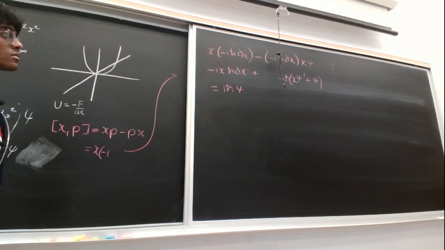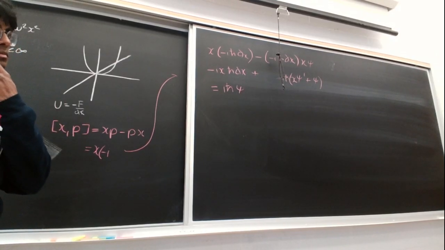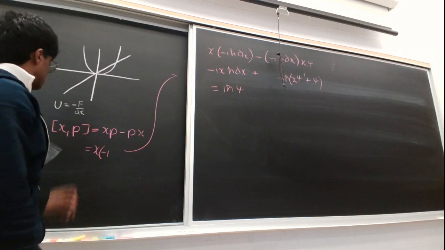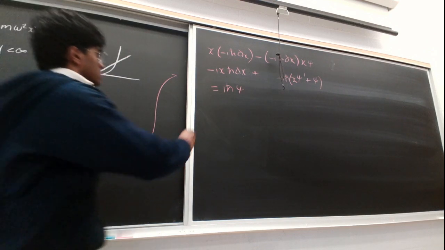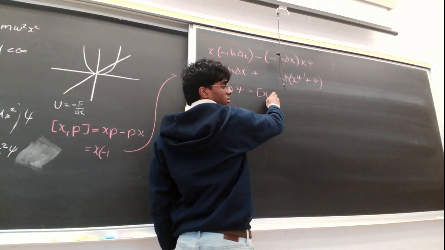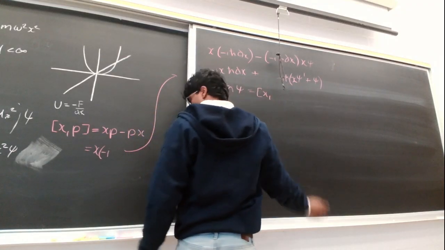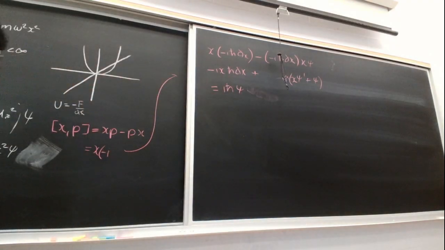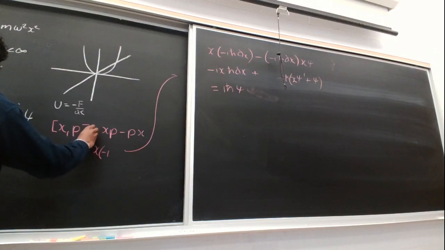So this is you applying the operator to a function. What is the operator itself? Just write it equal. Go back there. You wrote x comma p. Just write it as an operator now.